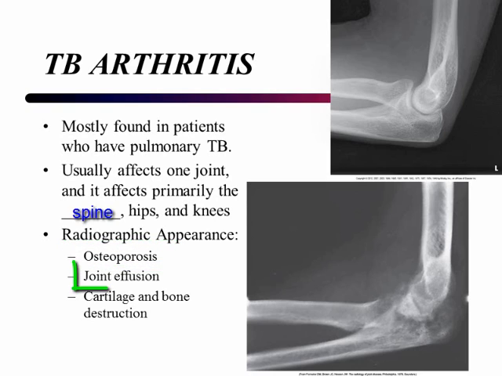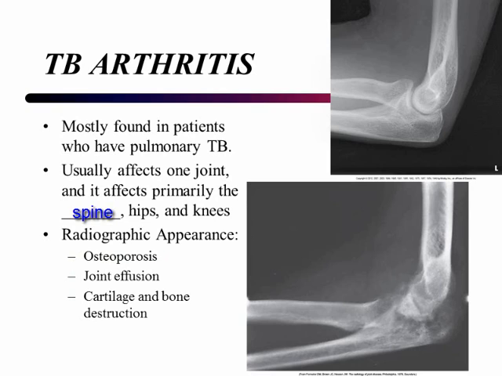Secondly, joint effusion leads to nonspecific periarticular soft tissue swelling. In the later stages of this disease, cartilage and bone destruction occur and tend to initially involve the periphery of the joint, sparing the maximal weight-bearing surfaces that are destroyed in pyogenic arthritis.